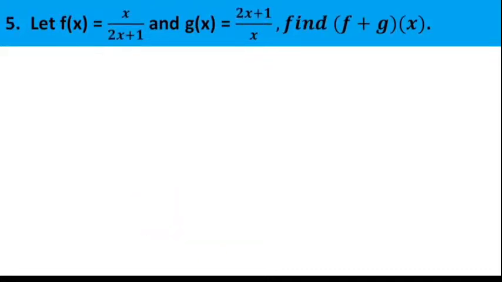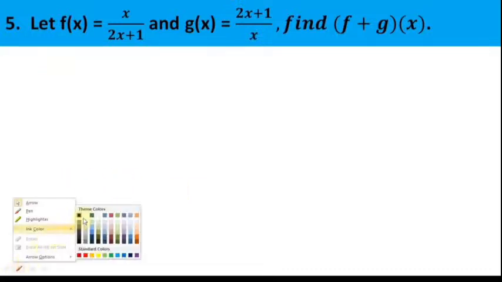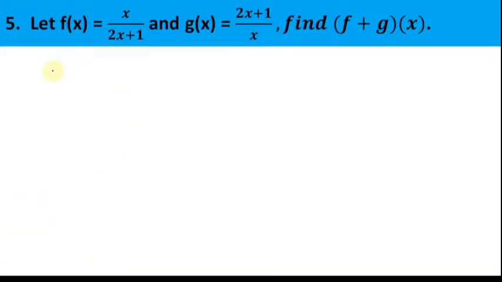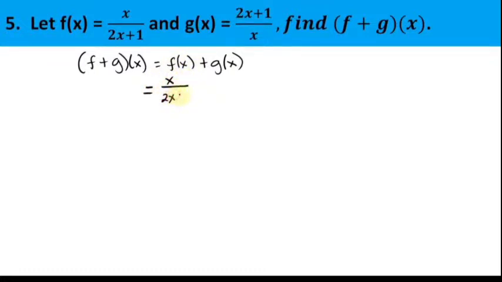Next, for example number 5, the formula is f plus g times x equals f of x plus g of x. So let's substitute the value of f of x, that is x over 2x plus 1, plus 2x plus 1 over x.